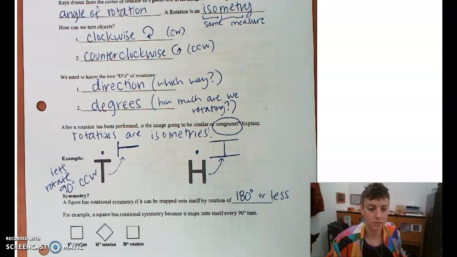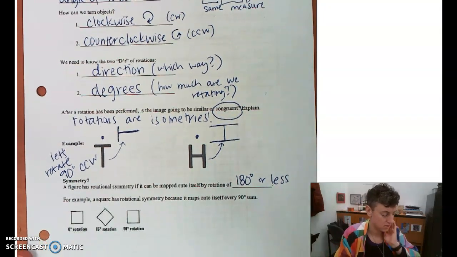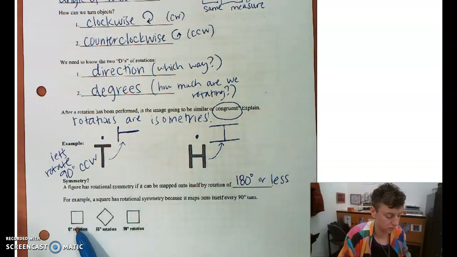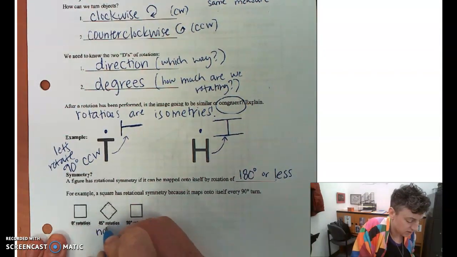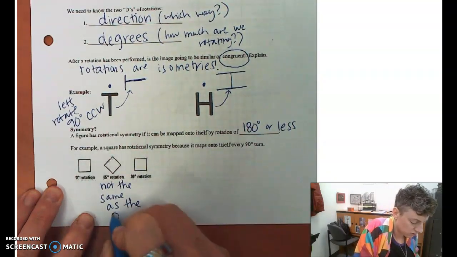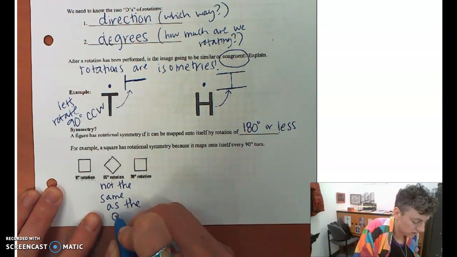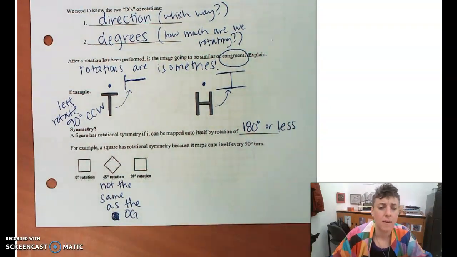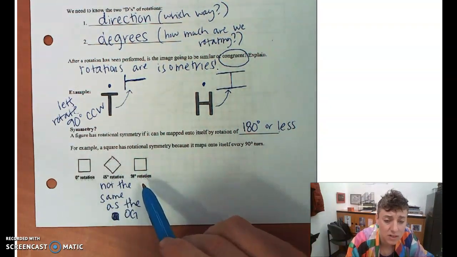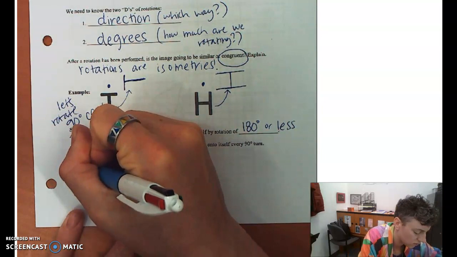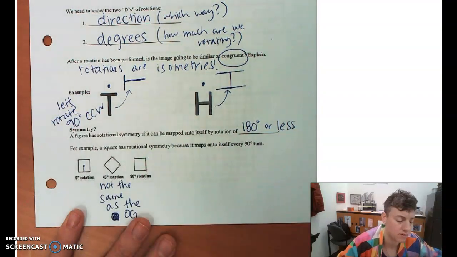So, for example, a square, when we rotate it 45 degrees, well, that doesn't look exactly like its pre-image. So this is not the same as the original. That's not a Q that I want. I want an O. Let's just mark it off. But if we keep rotating it to 90 degrees, let's see, what if I draw this line here and we kind of follow that line around.